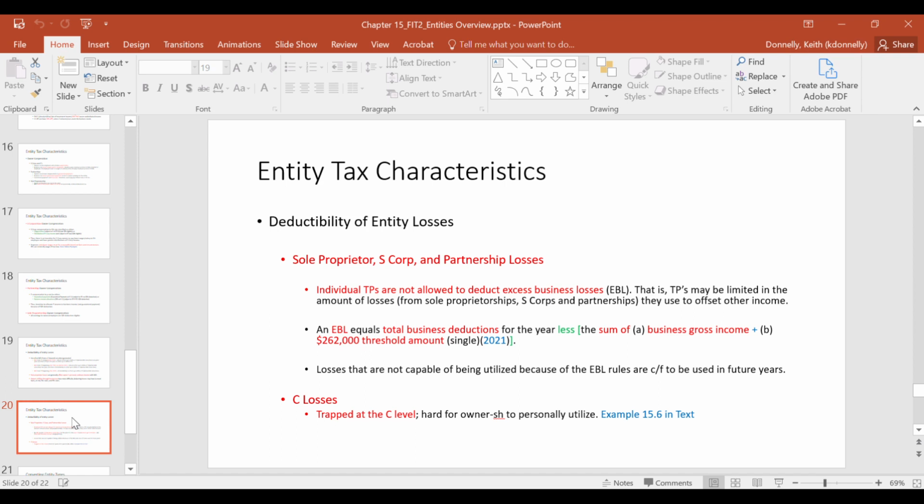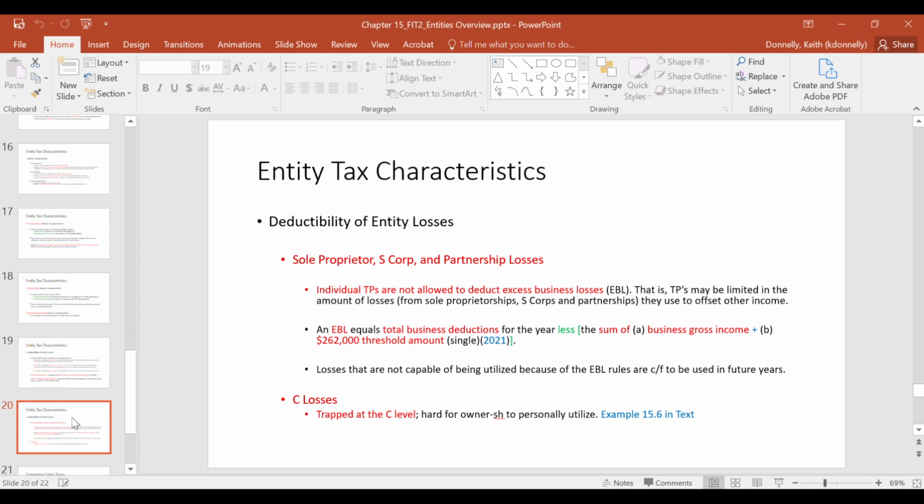Now, one of the things, if you're an owner of a corporation, that's at the entity level. If you own Apple stock and they lose money, you don't get to offset your ordinary income on your tax return. In that case, probably what will happen is the value of your shares will go down, but if you don't sell them, it'll be unrealized. That's the basic idea.